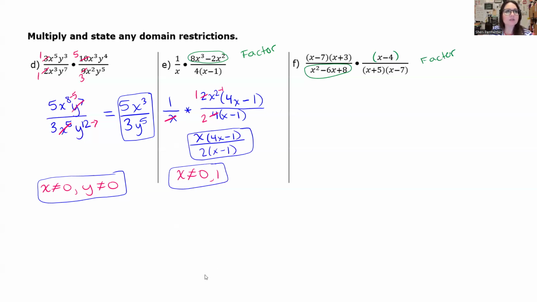And again, it's fast factoring. And I've got to start thinking about what 2 things can multiply to give me 8 that can put together to give me 6.